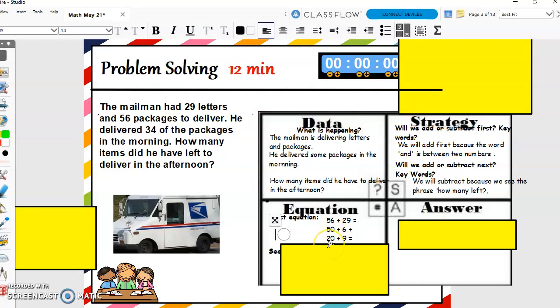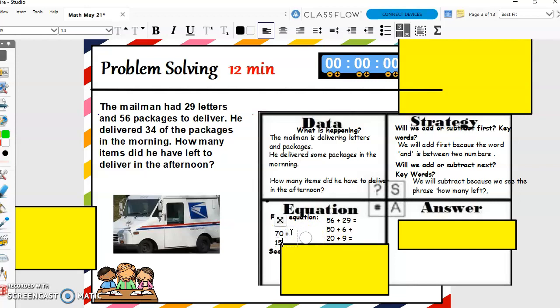So 50 plus 20 is 50, 60, 70. So we've got 70 plus, and then 6 plus 9. We start with 9, 10, 11, 12, 13, 14, 15 if we count forward. So 15 is our next. Sorry, I moved my cursor somehow.